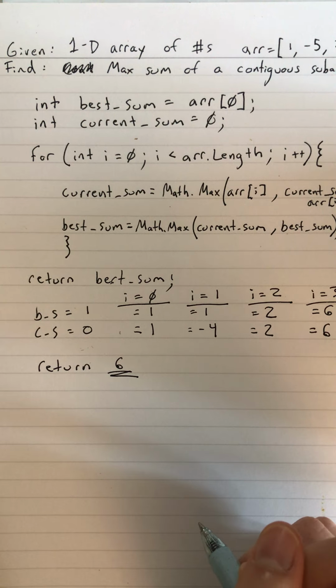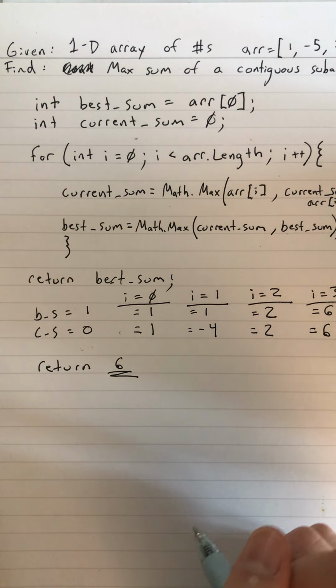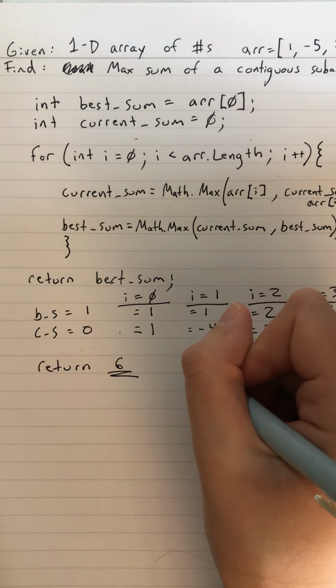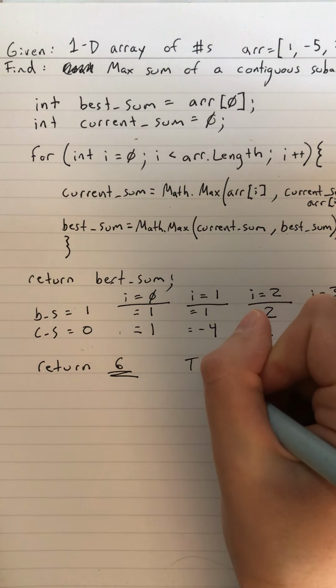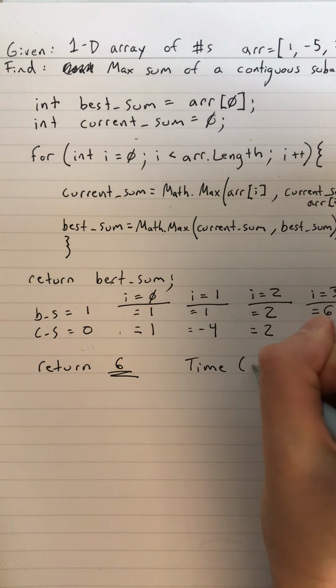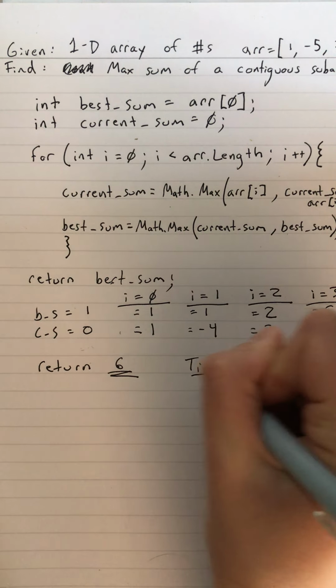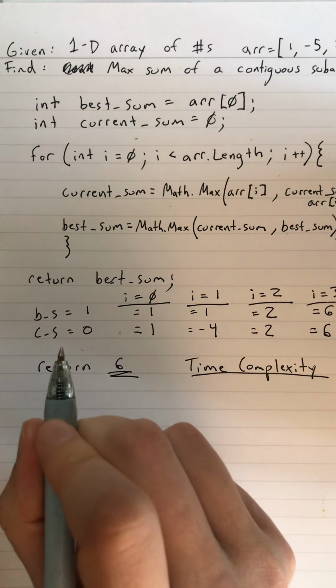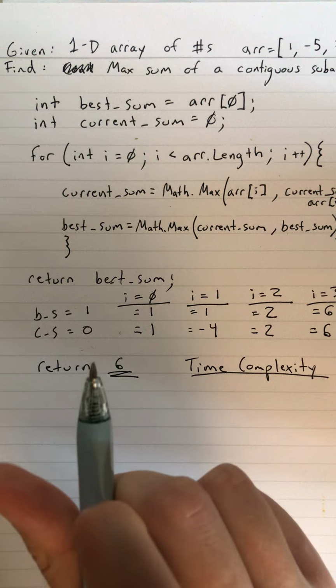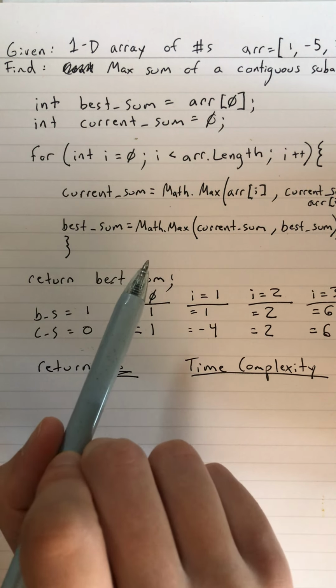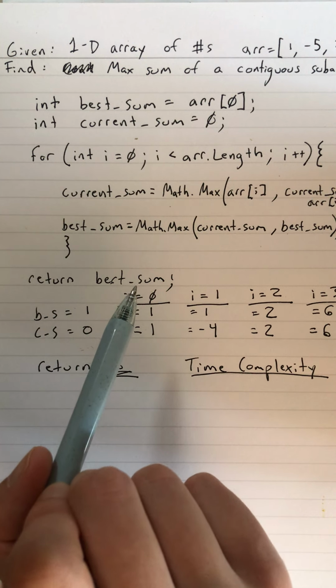Now, on to the time complexity and space complexity. So, for the time complexity, we have a for loop, which by itself is O of n.